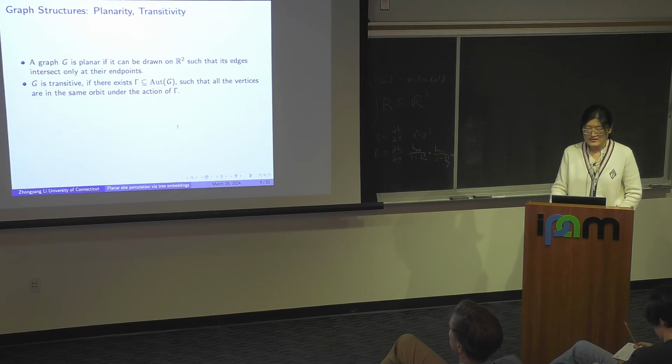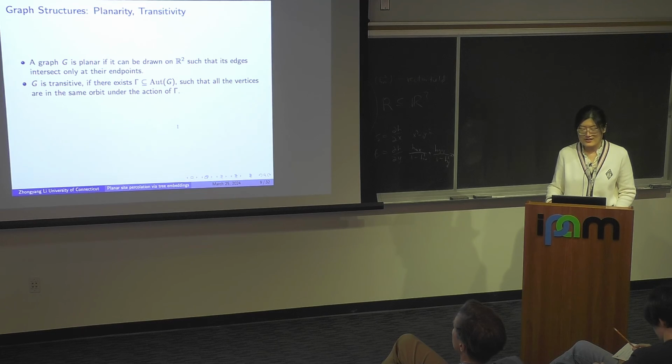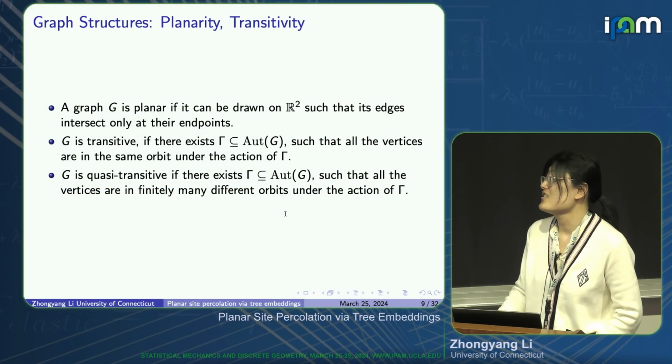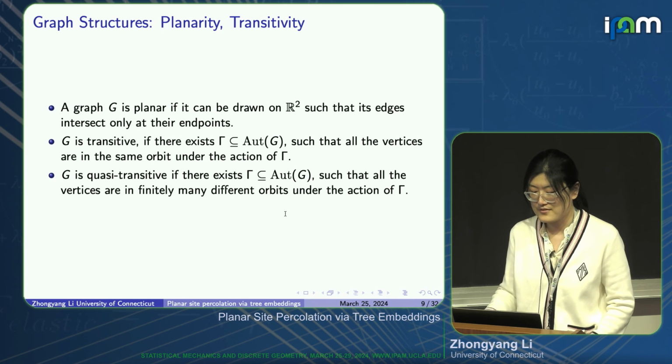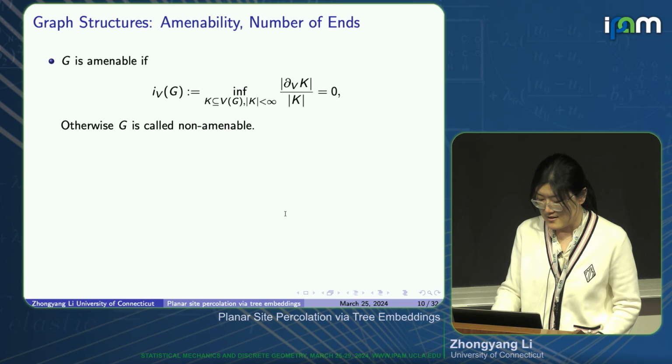Transitive basically means that there is a subgroup of the automorphism group such that all the vertices are in the same orbit under the action. Quasi-transitive means that there is a subgroup gamma of the automorphism group such that the vertices are in finitely many different orbits under the action of gamma.